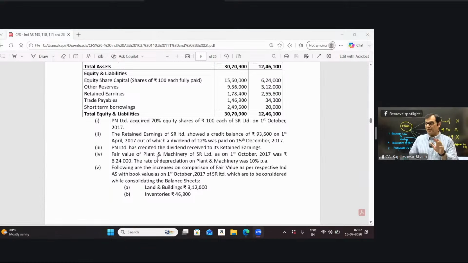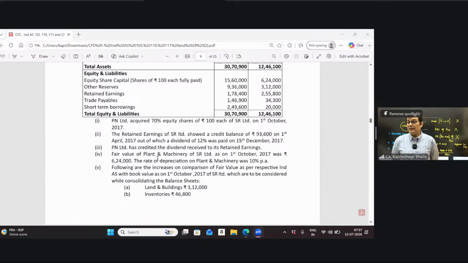That will keep your mind sharp. So it says PN acquired 70% equity shares of SR on 1st October 17. That's just the date of acquisition. Then it says the retained earnings of SR shows a credit balance on 1st April, that's at the beginning of the year, out of which a dividend of 12% is paid.